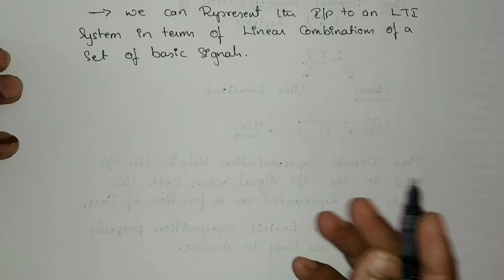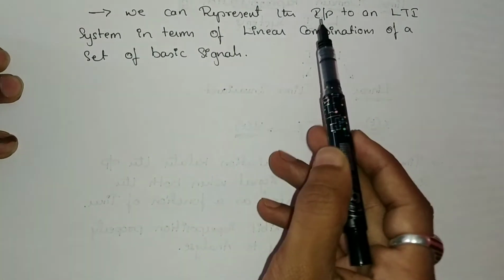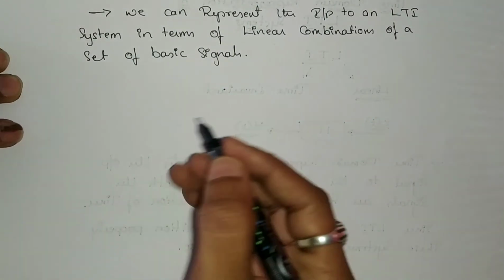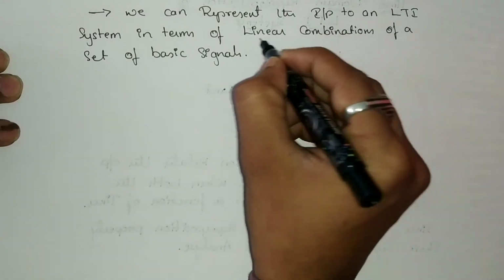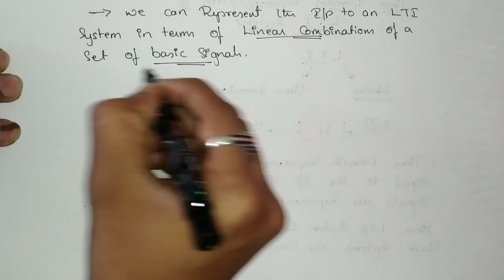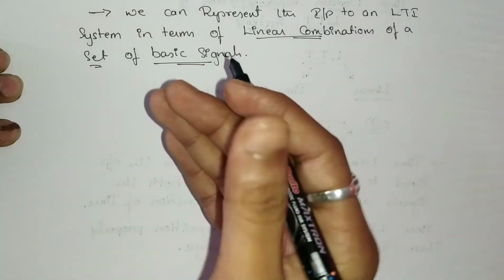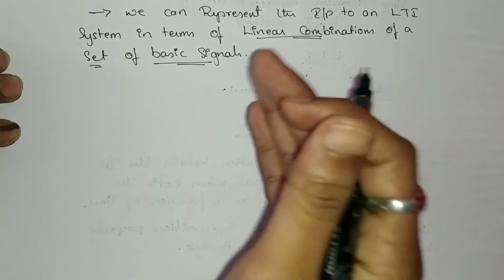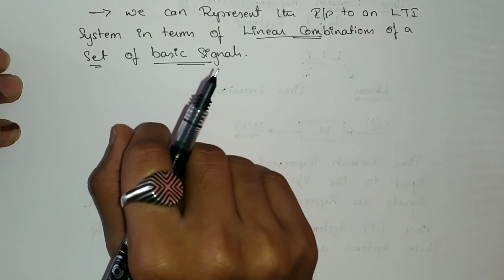Since it possesses the superposition theorem, the input of an LTI system can be represented in terms of a linear combination of a set of basic signals. We can split the input signal into a set of basic signals and represent it.